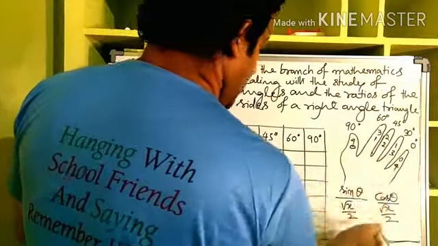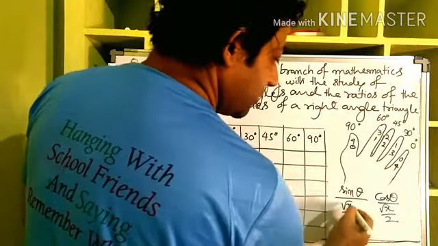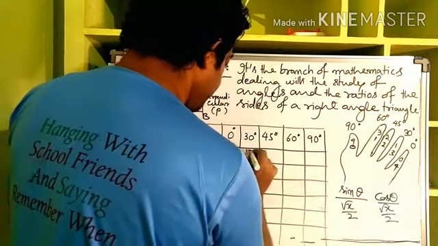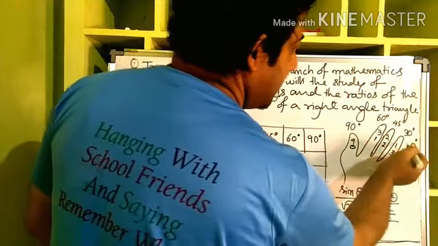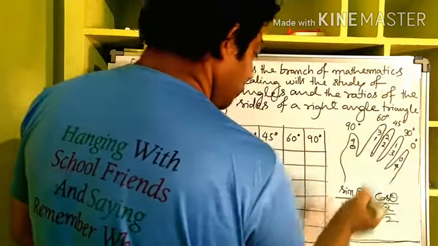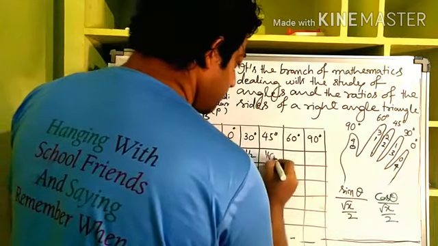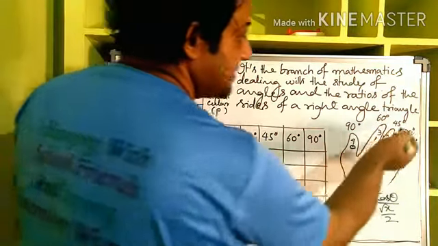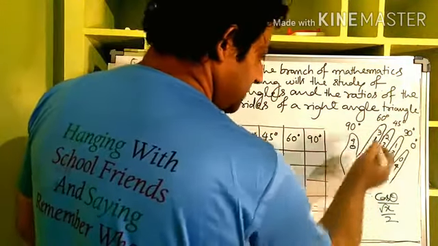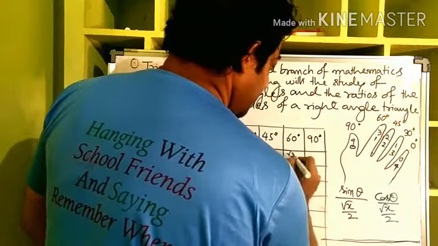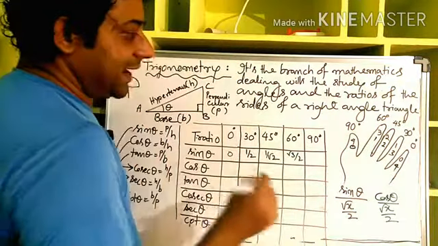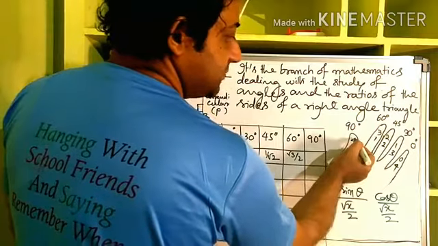So root 1 by 2 is 1 by 2. Sine 45 is the middle finger, 2. So root 2 by 2, so 1 by root 2, right? 60, 3. So for x you put 3, root 3 by 2. For 90, this x is a 4.